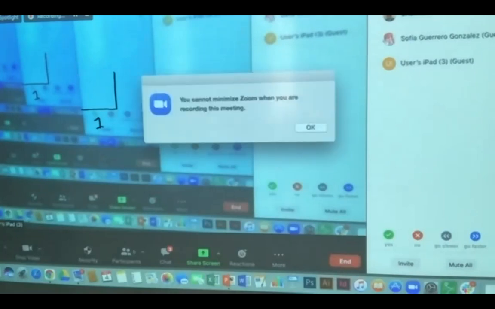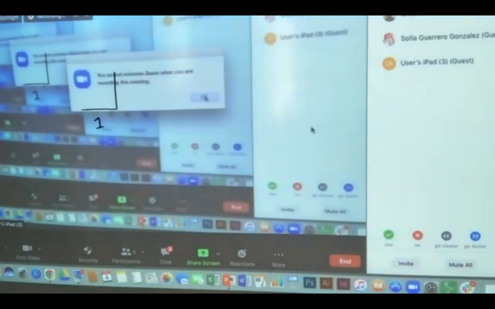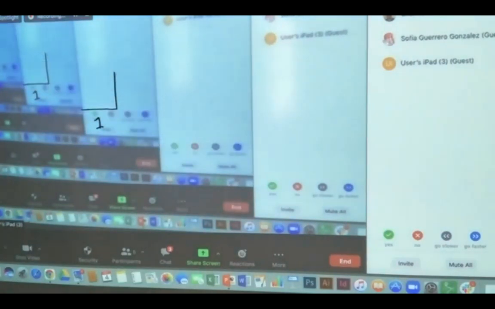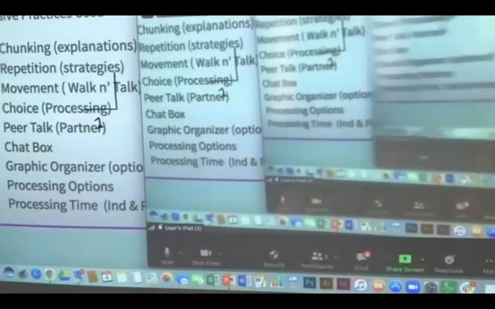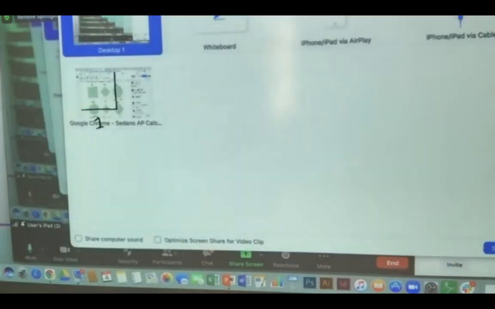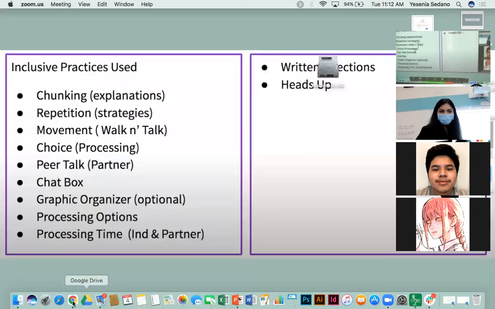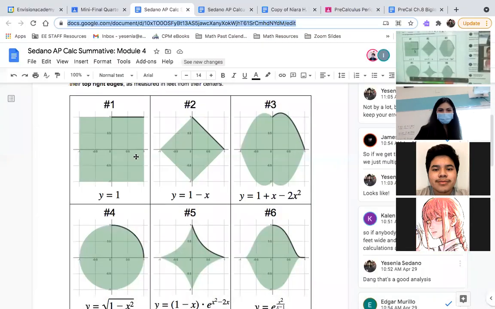How do I minimize this? It says I can't minimize it. Why does this happen? Okay, let me just go back to sharing my screen. That right there is infinite Riemann sums happening on the screen. Anyway, I'm on the iPad. I hope you all can find it. It says users iPad 3.